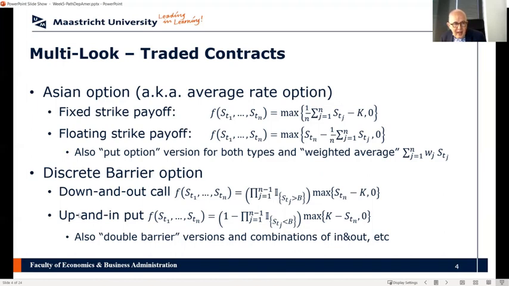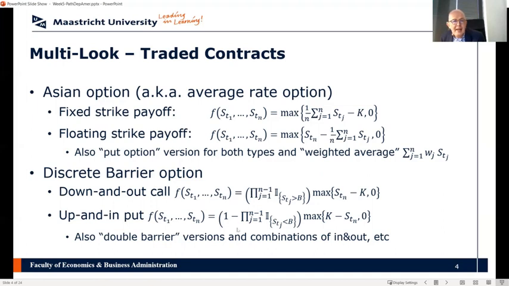For example, if we have an up and in put option, we put the barrier level above the strike level K. The stock price first has to go through the barrier level, and only then will you receive your put option payoff. So your stock price has to move up first to reach the barrier level, and then go down again to end up in the money. Again, you can represent this with a product of indicator functions.